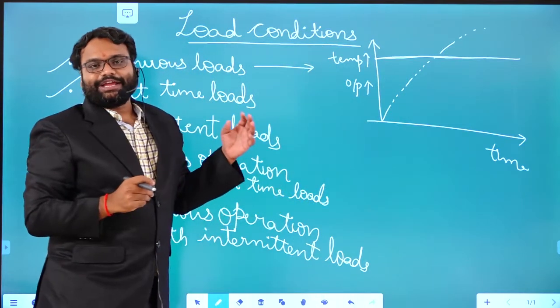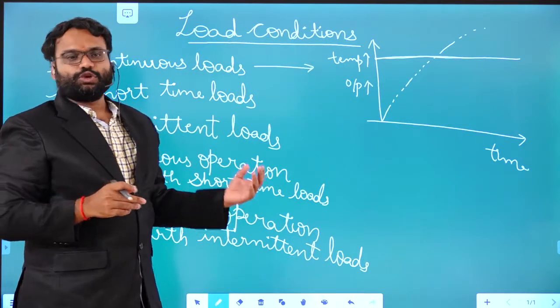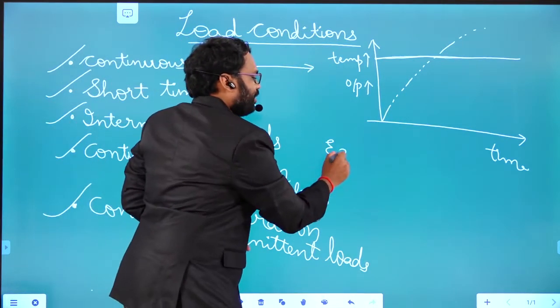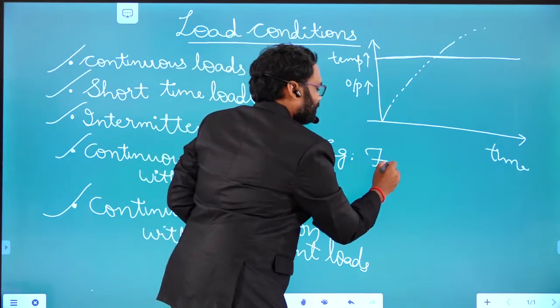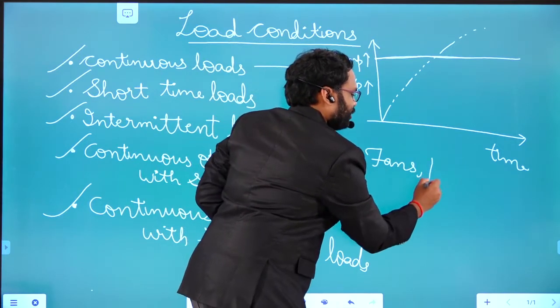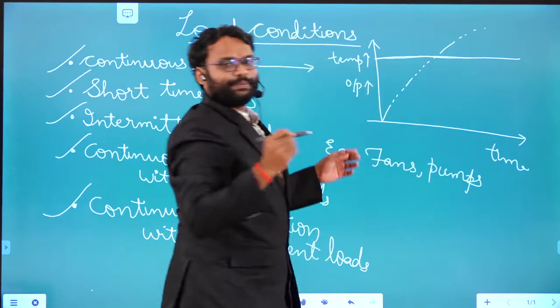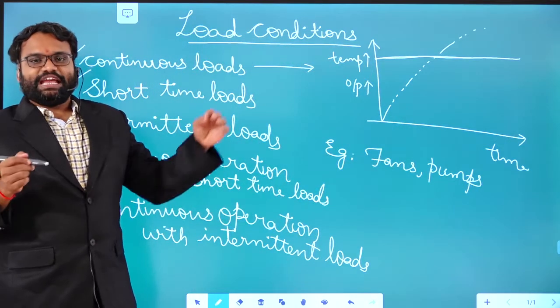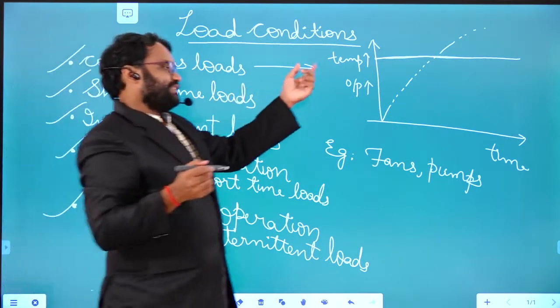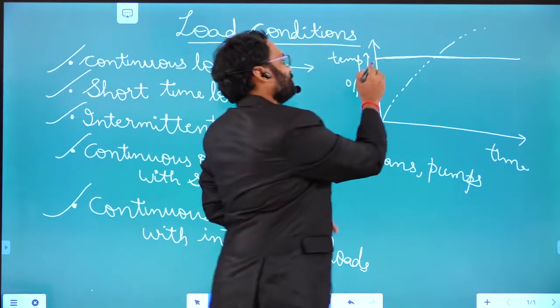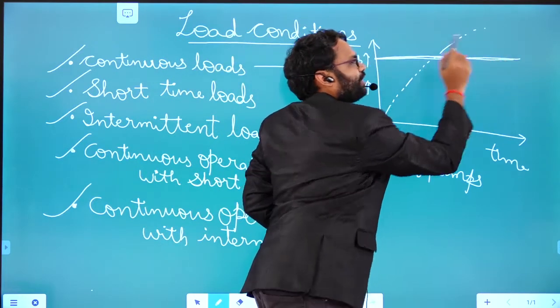So this kind of continuous load we can see in fans and pumps. Again I'll repeat, in continuous loads the output is continuous because we are consuming the particular loading condition.